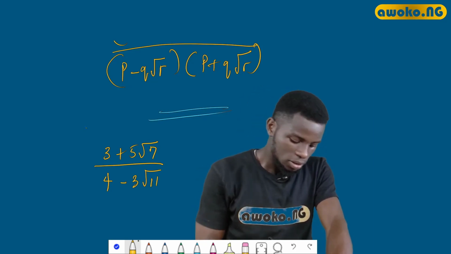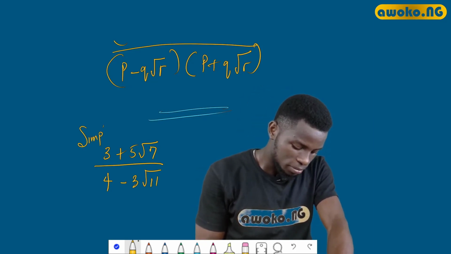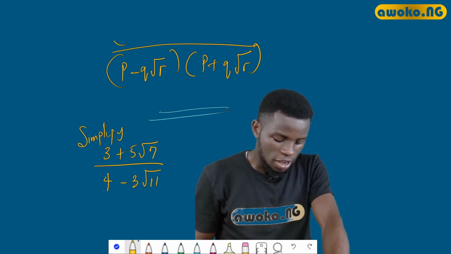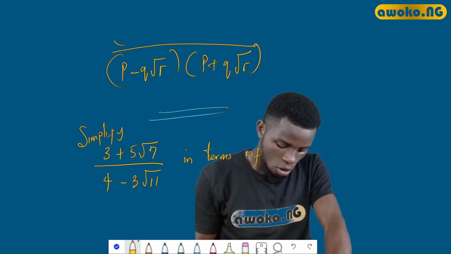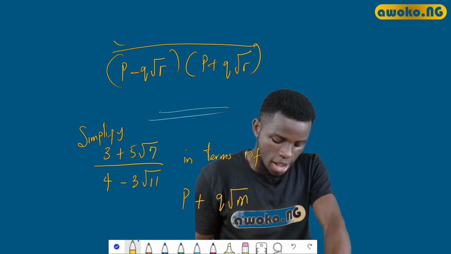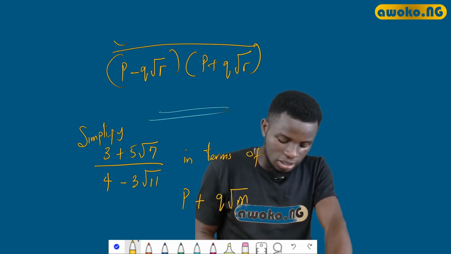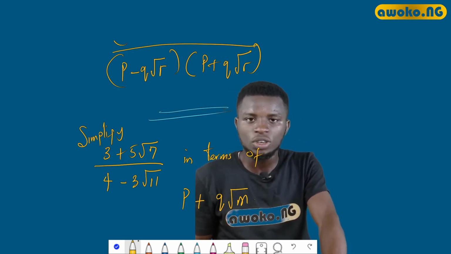Okay? He said simplify this in terms of P plus Q root M. Leave it in terms of P plus Q root M.